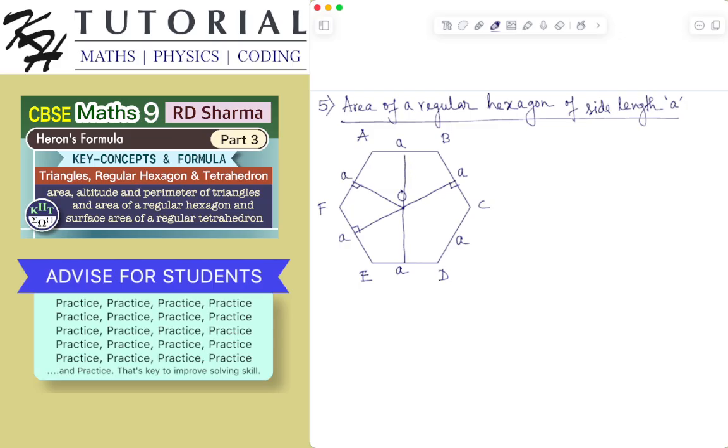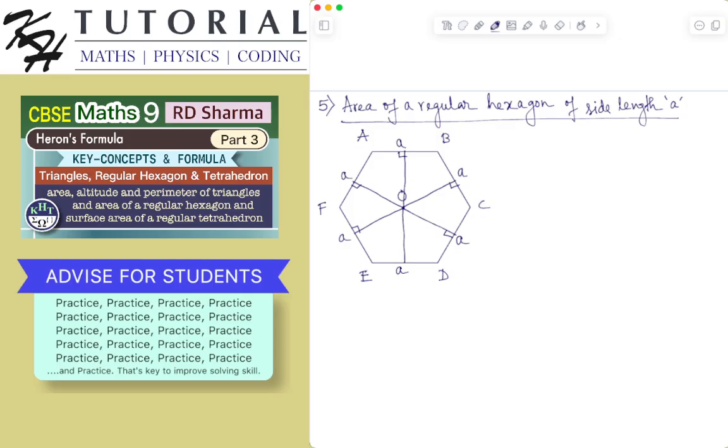And the thing is that, since, you can see that, what will be all these angles.